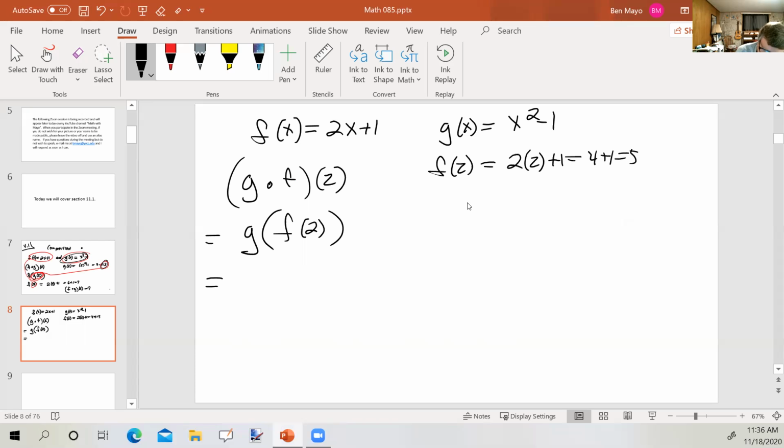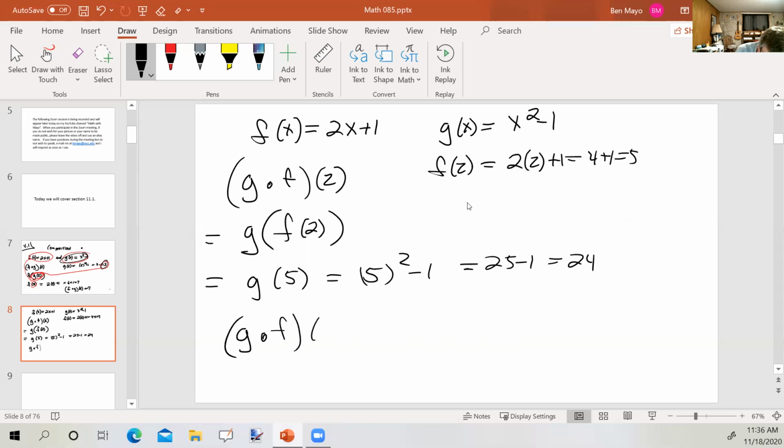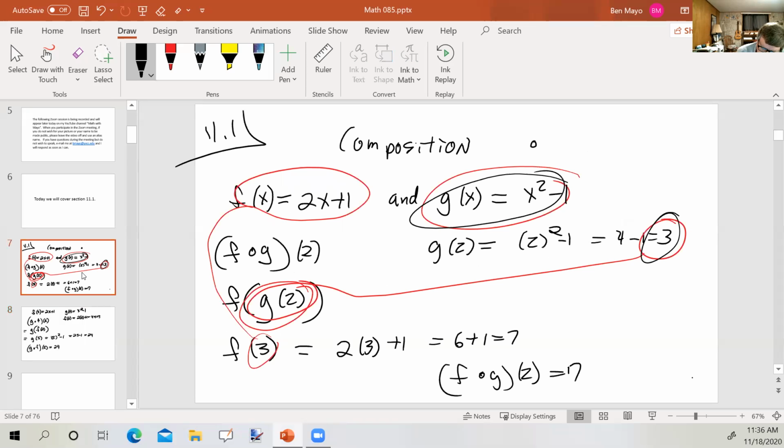So g of f of 2 is g of 5, and g of 5 is 5 squared minus 1, which is 25, minus 1, which is 24. So g composed with f of 2 is 24.